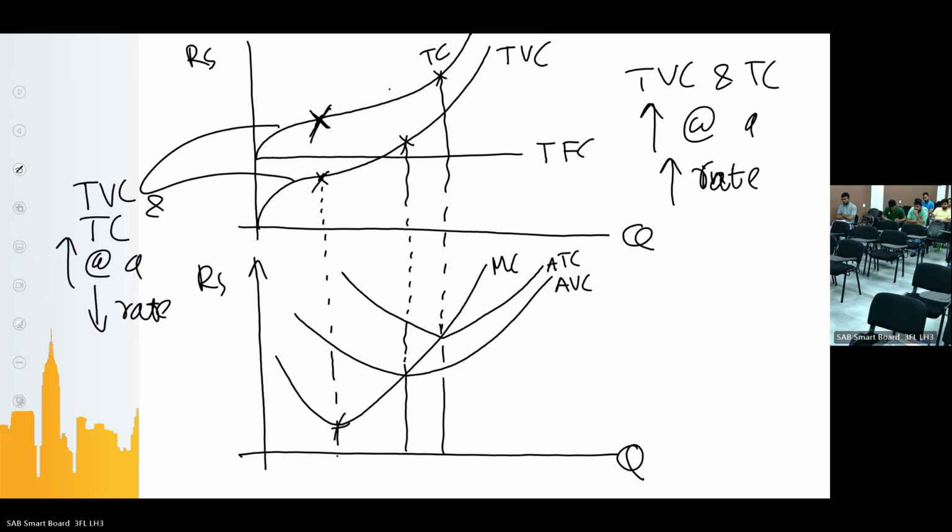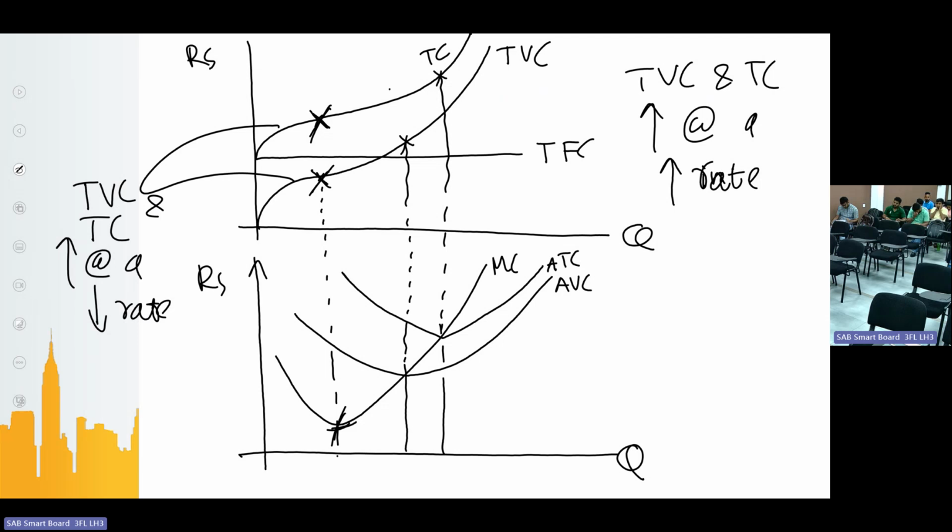So that changing rate of change happens at this transition point. At that transition point, MC is minimum. So clearly understand that transition point.